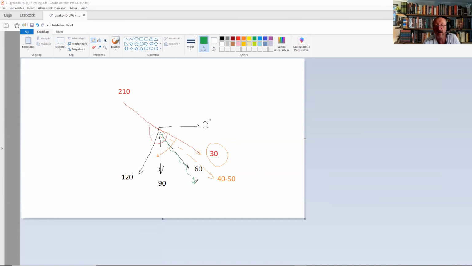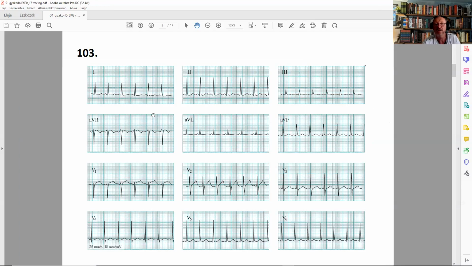However, if you had an axis of exactly 60, it is equally placed from lead number 1 and lead number 3. So the reflection of these two leads should be equal. When you look at the QRS complexes, it should be equal in lead number 1 and in lead number 3.